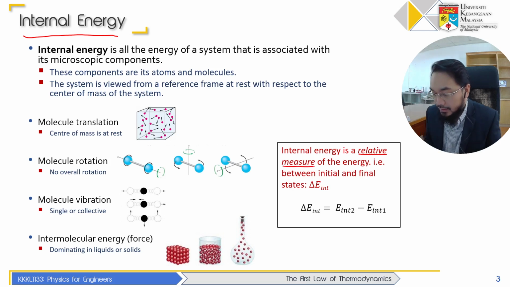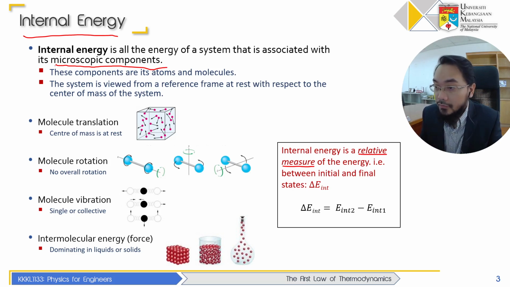It means that it's very difficult for you to quantify the instantaneous internal energy of any particular system or substance. This is because internal energy must take into account all the microscopic components of the individual atoms. How are you going to measure individual atoms' movement or rotation or vibration? It's very difficult. You can approximate, but it can never be accurate enough.